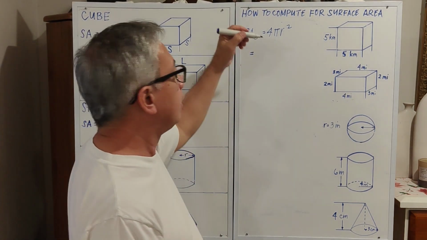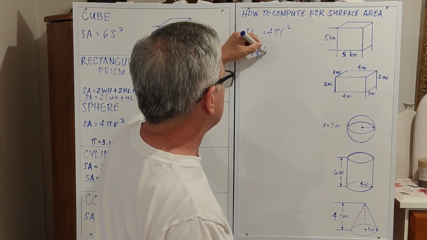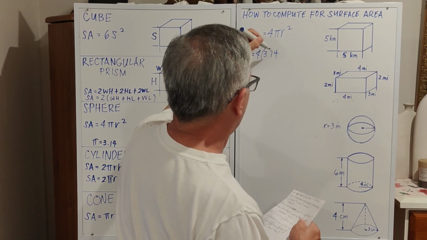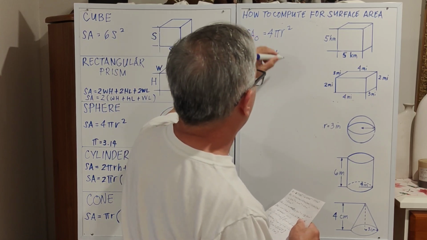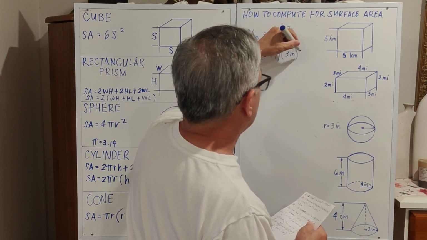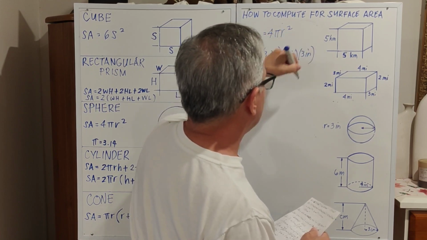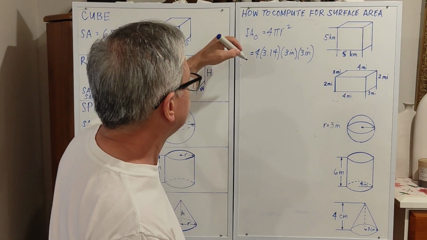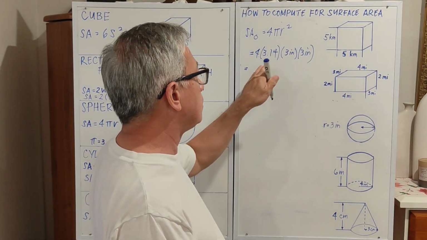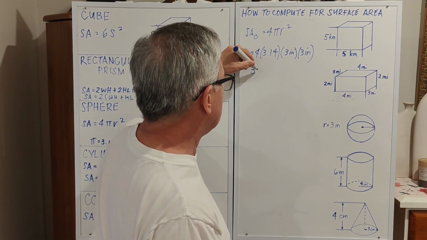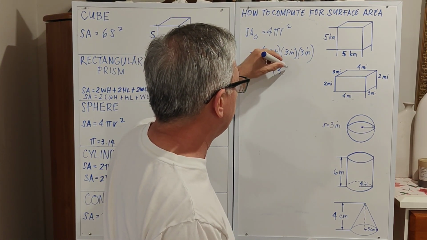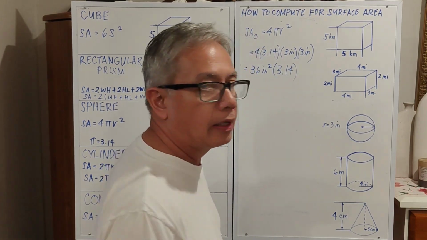So we just plug in the values. 4 times 3.14 times 3 inches times 3 inches. 3 times 3 is 9, times 4 is 36, inch times inch is inch squared, times 3.14.